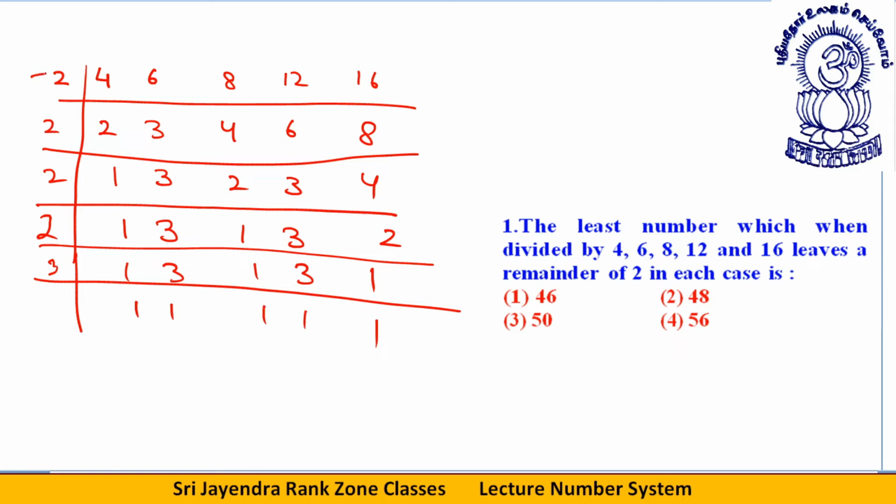So, what is the LCM? 2, 2, 2, 2, 3. So this way the LCM is 2 into 2 into 2 into 2 into 3, you get 48. Now, since the LCM is 48, we need a number which leaves a remainder 2 in each case.